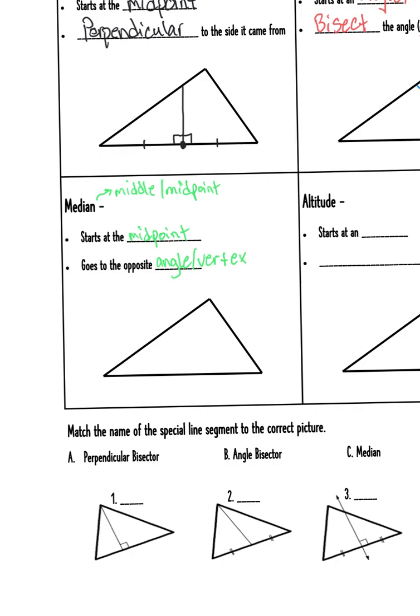Same thing. So for example, I'm going to rotate it like this, make it easy. I'm going to use this side right here, so I'm going to find the midpoint. There's your midpoint. And remember, to signify that this is a midpoint, put a hash mark. And then our notes say that it starts at the midpoint and it goes to the opposite angle.